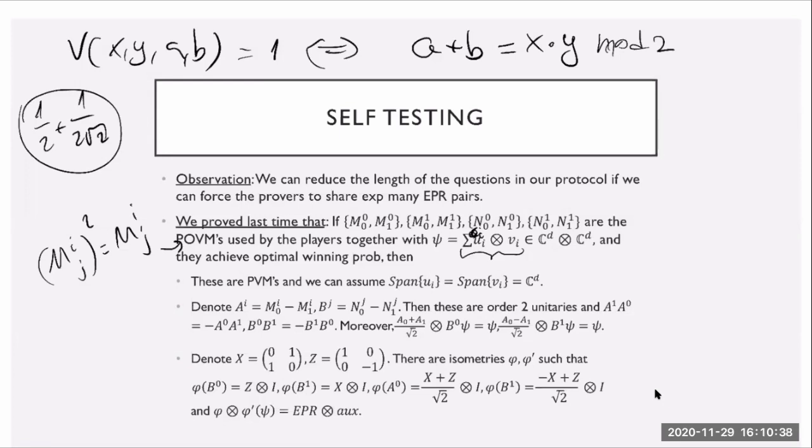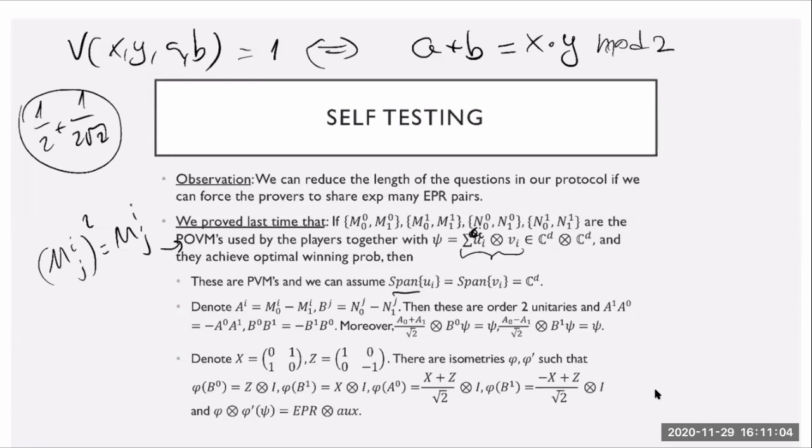So these bits are negligible, they don't play any part in the strategy. And actually the matrices are projections even without these bits. Sometimes you need to add some qubits to assume something about these MIJs and NIJs, but here you don't need it.